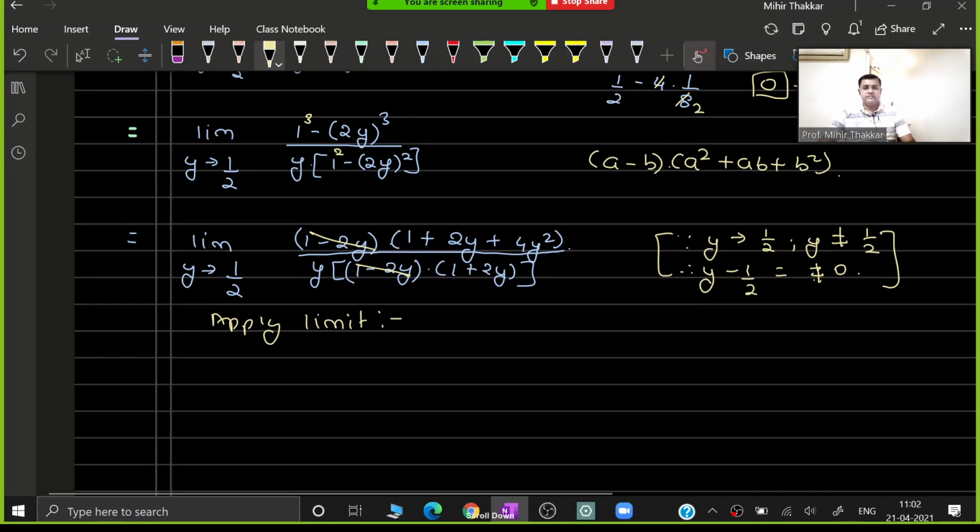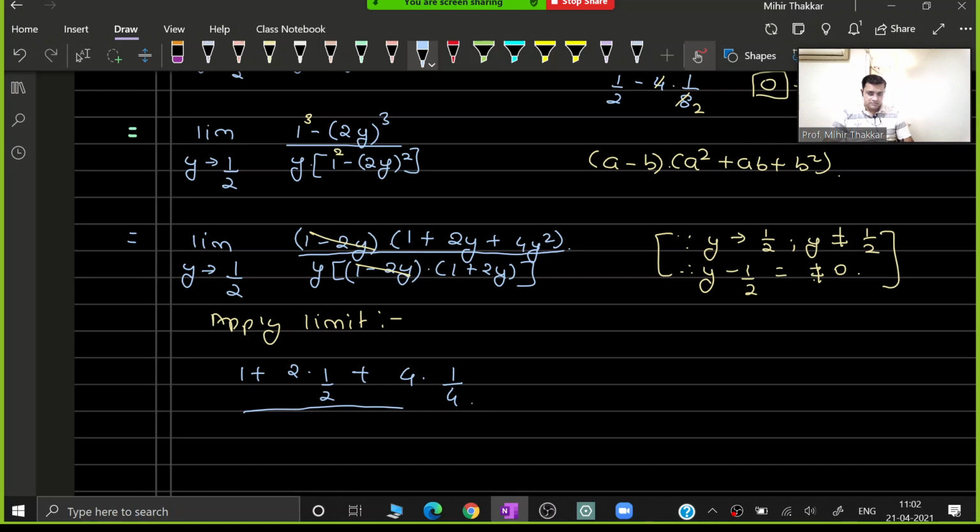So if you apply the limit, you will get 1 plus 2 into 1 upon 2 plus 4 into 1 upon 2 square, which is 1 upon 4, divided by 1 upon 2 into 1 plus 2 into 1 upon 2.